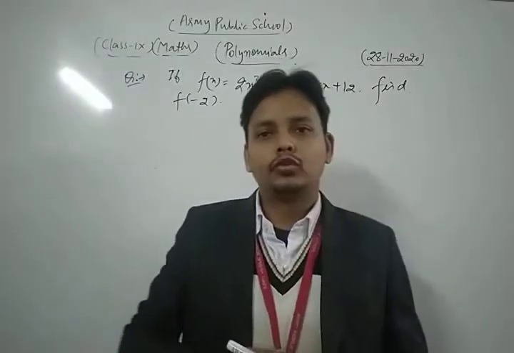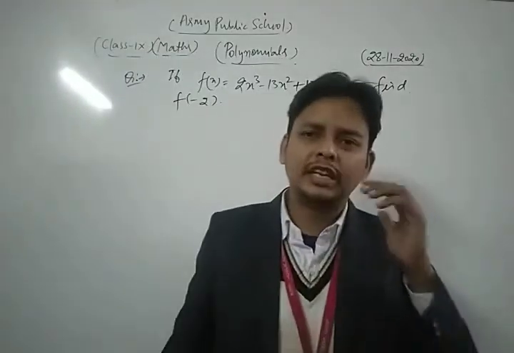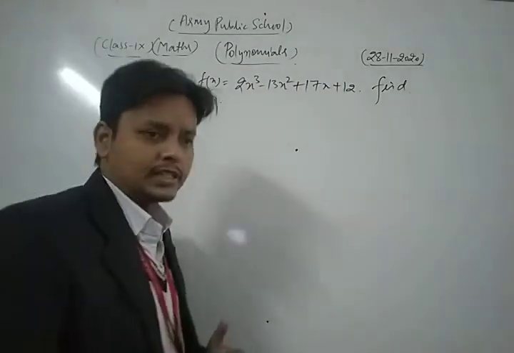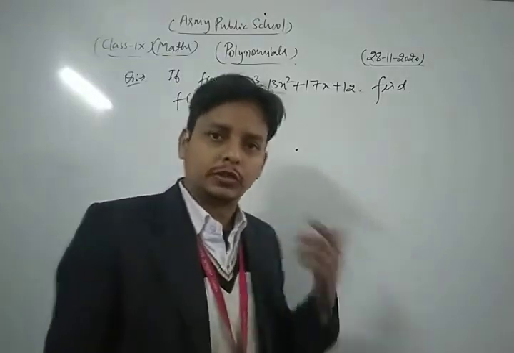This is also a very important type of question. This is a very easy question, and you can solve each and every question of your NCERT exercise based on that topic. So let's see carefully.